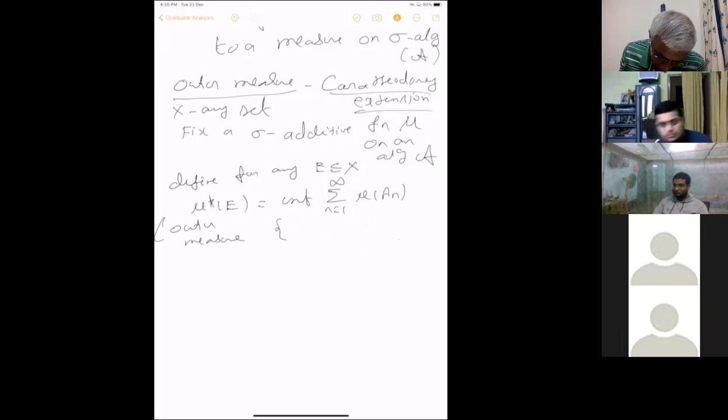This is the infimum. So here it's clear. It's the infimum of this number, which is just a number, the sum over n equal to 1 to infinity of mu of An, where An is a collection which is contained in the algebra A, with n equal to 1 to infinity, such that E is contained in the union of the An.